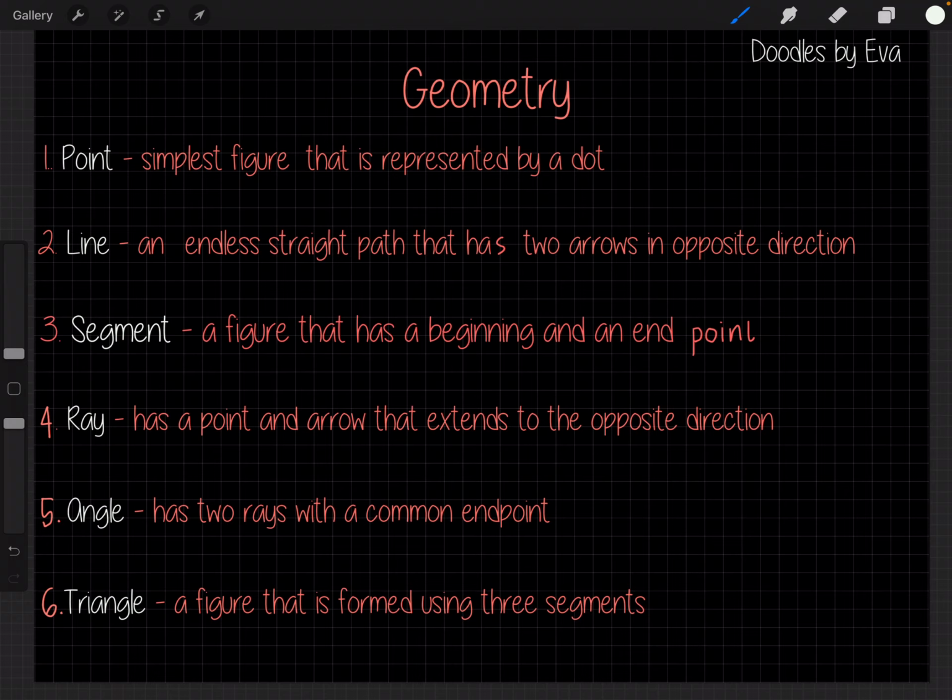The ray is like a combination of line and segment, which has a point and an arrow that extends in one direction. Then there's also the angle that has two rays with a common endpoint, and the common endpoint we call the vertex. And then lastly is the triangle. A triangle is a figure that is formed using three segments. Okay? Make sure you get familiar with all of these figures as well as how to read and name them.